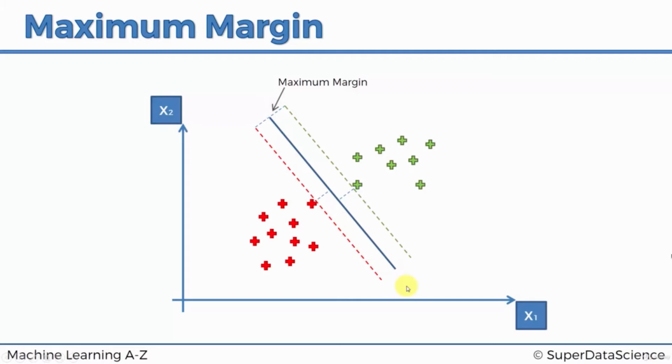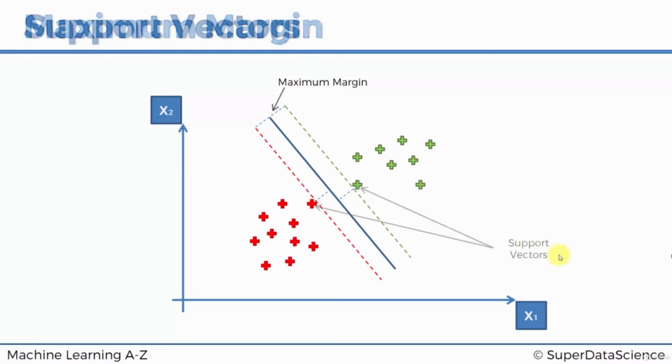This line is drawn equidistant from this point and this point, and we'll find out exactly why these points in a second. The margin, the sum of these two distances, has to be maximized in order for this line to be the result of the SVM.